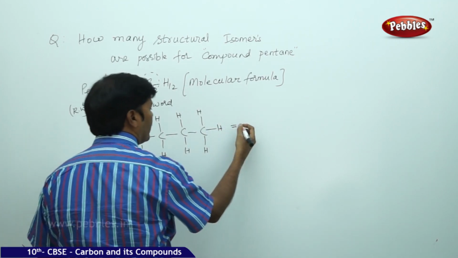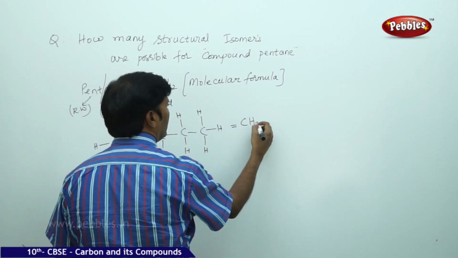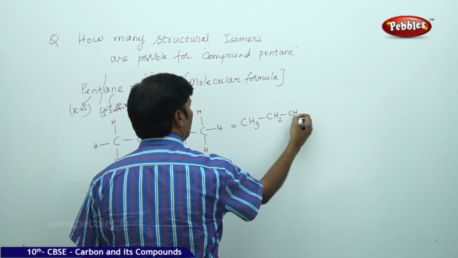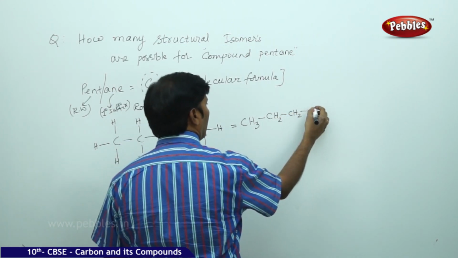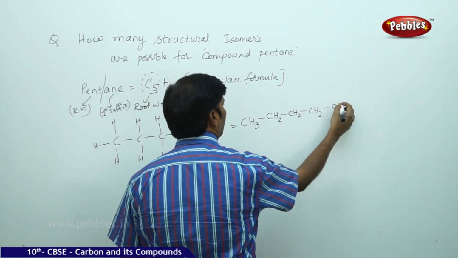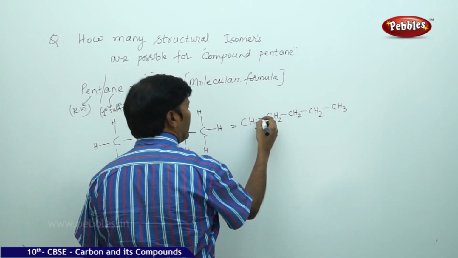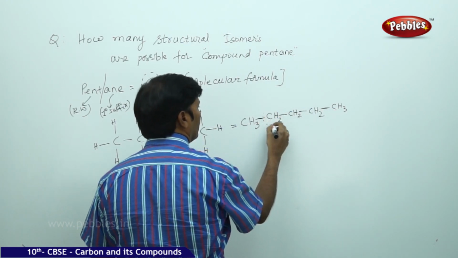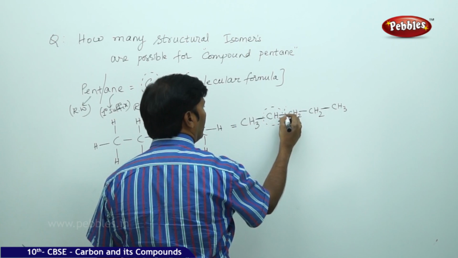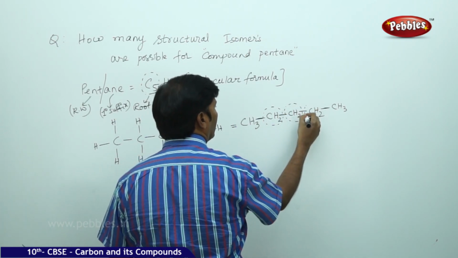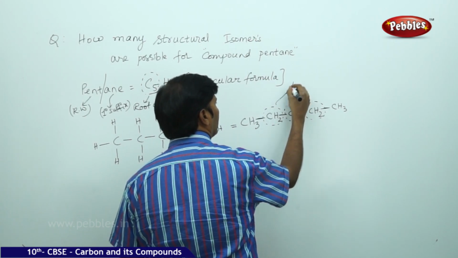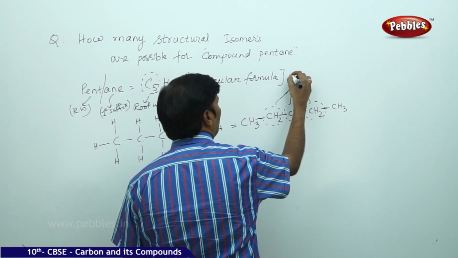The same thing you can write as CH3 single bond CH2 single bond CH2 single bond CH2 CH3. You can see in between the carbon chain one methylene group here, another here and another here. These 3 methylene groups are called homologues.